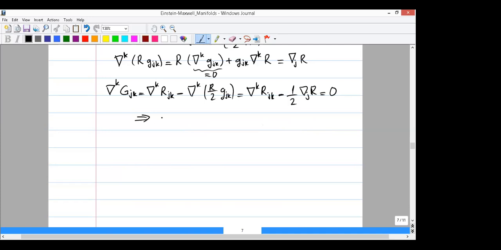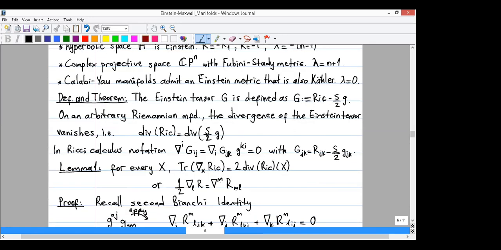We got the result, so that means the Einstein tensor is divergence-free, divergence-less, according to this theorem we just proved.